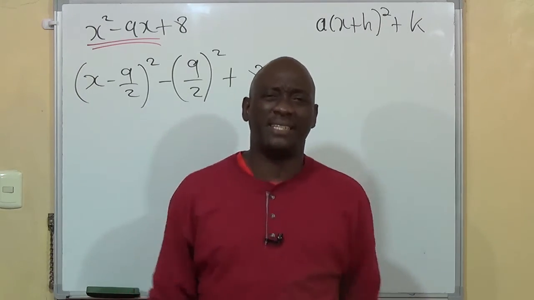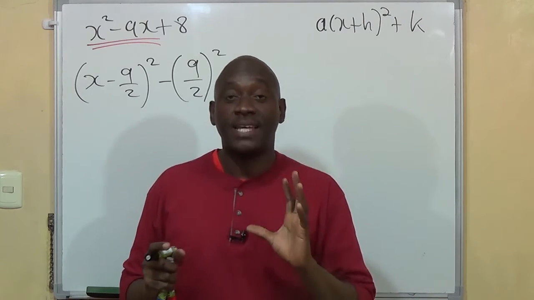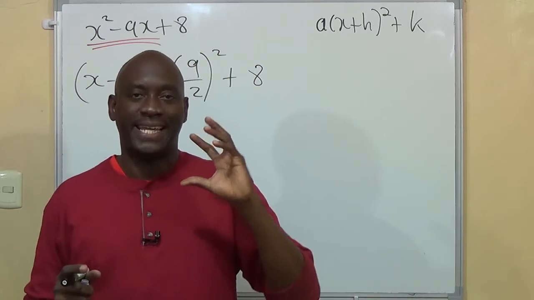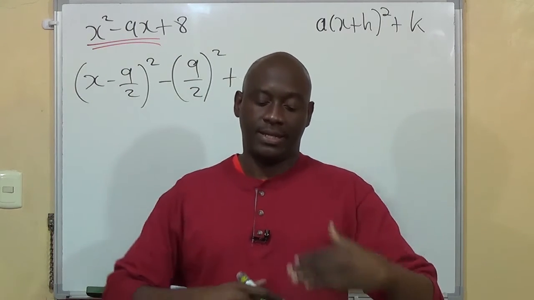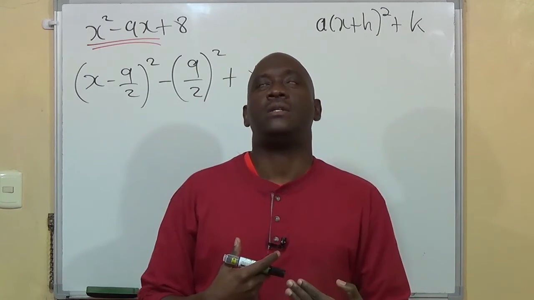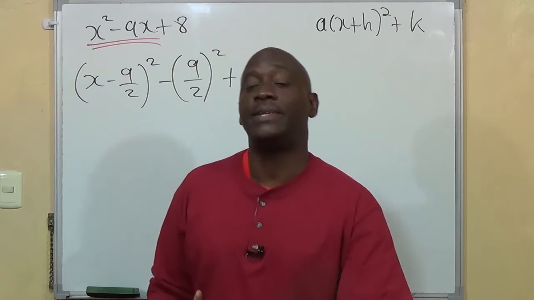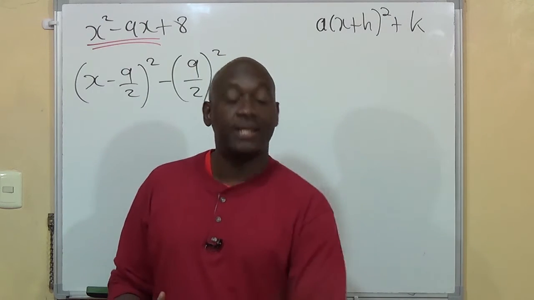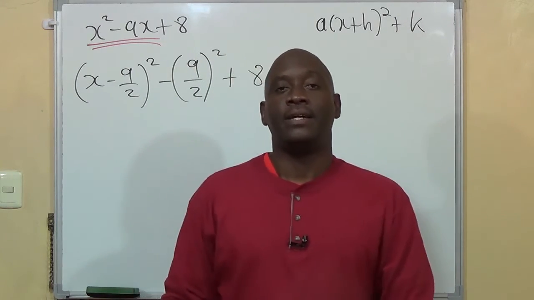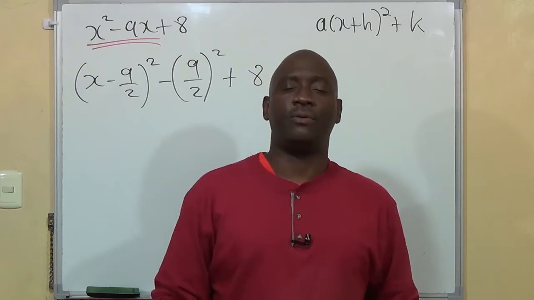We don't want that, because sometimes what happens is that you get these questions and the completion of the square is the precursor to something else coming down, and the something else coming down afterwards depends on you having the answer not in a decimal form.